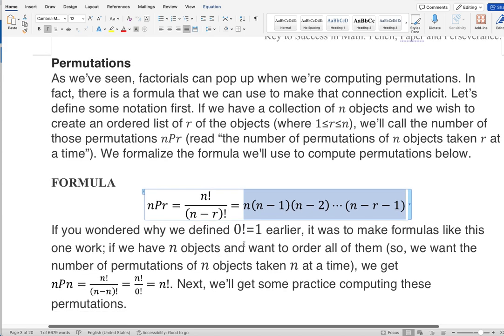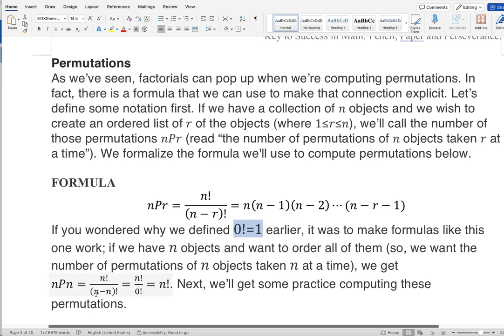Now maybe we can take the opportunity to look at 0 factorial, which is 1. This time, hopefully, we can give a little reason why 0 factorial has to be 1. When we consider the permutation, like 10 out of 10, or n out of n, nPn, using the formula, it will have n factorial on the top, and the denominator is n minus n factorial.